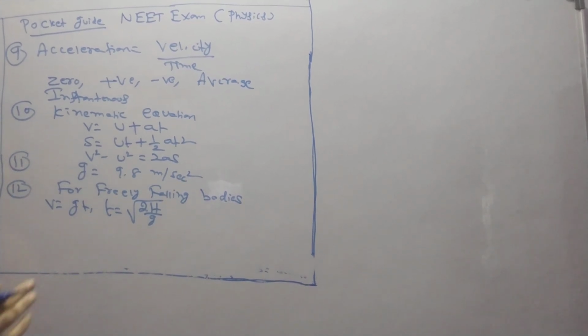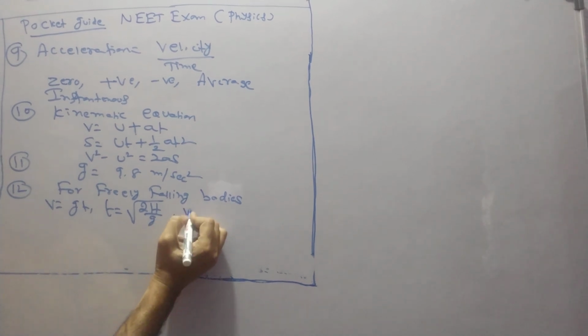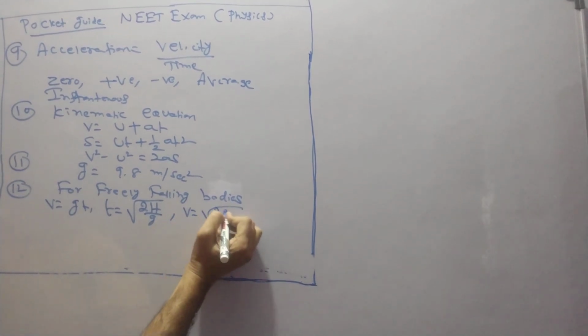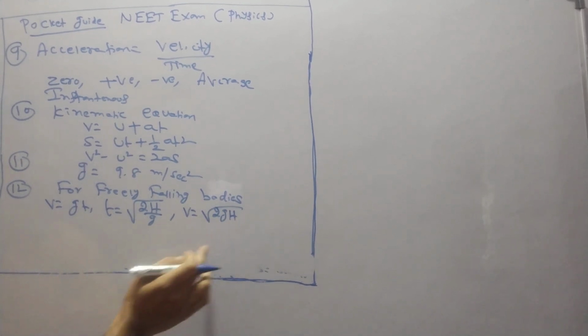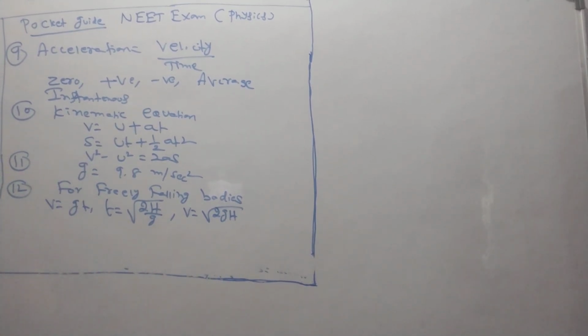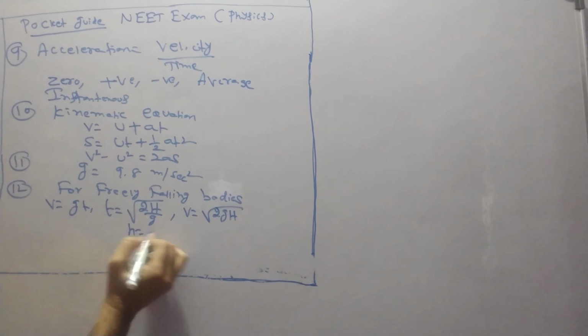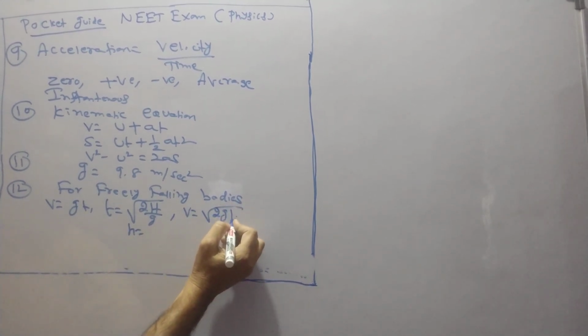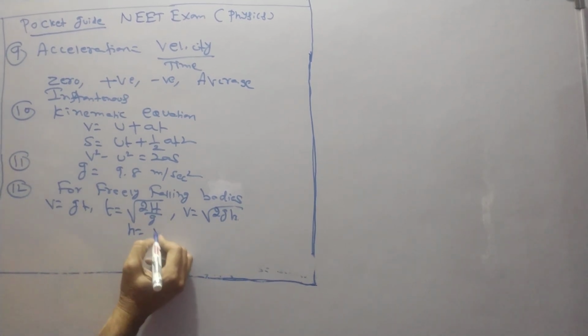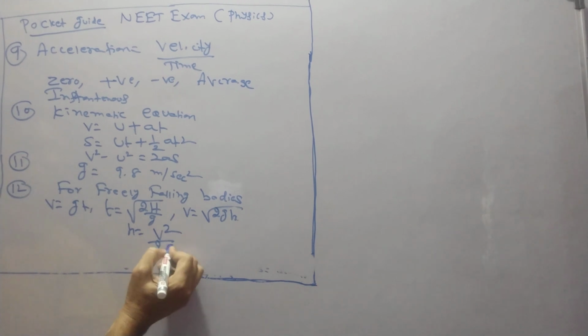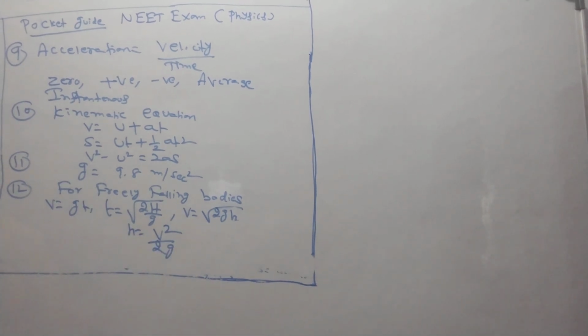So when a body is falling freely, we have to apply this equation to solve the problems. v equal to root of 2gh. Next is h equal to v square by 2g. Take small h because in the textbook they are following that notation, so we will write down same notations here. So these are the freely falling body equations.